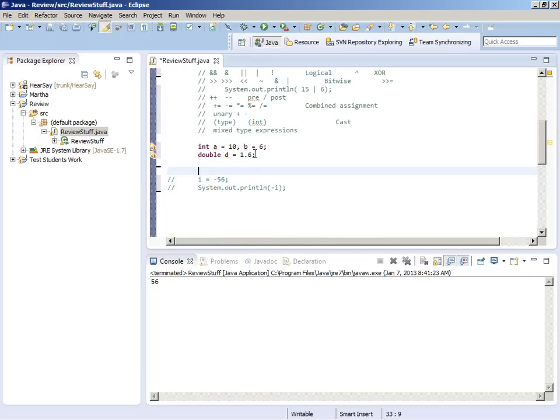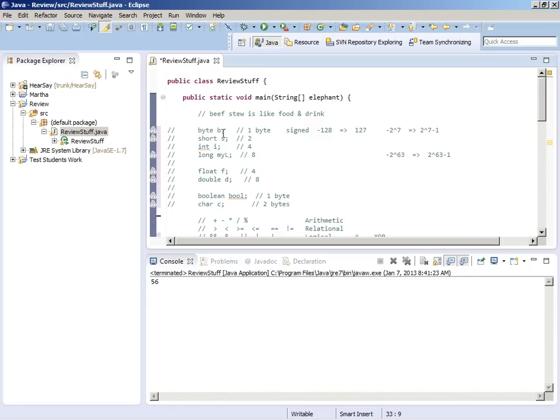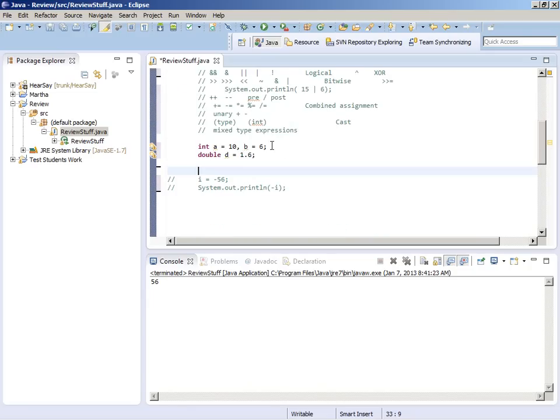So you can't have variables by the same name. As you saw there, I already had a b declared as a byte, and that's a problem. In Java, you declare your variables wherever you want them.